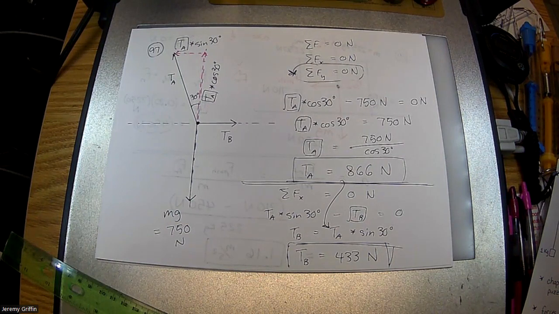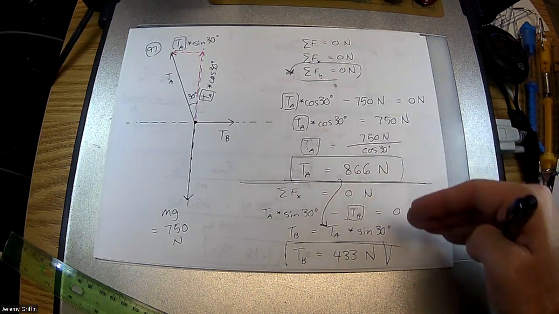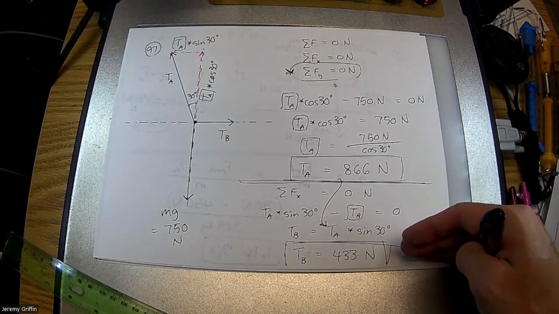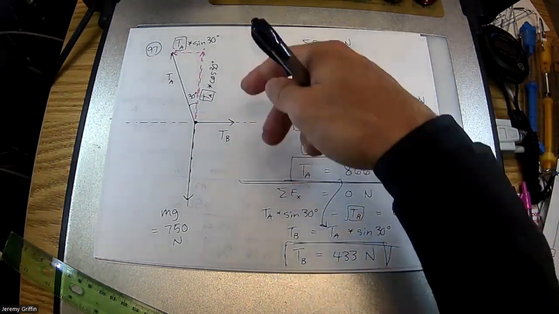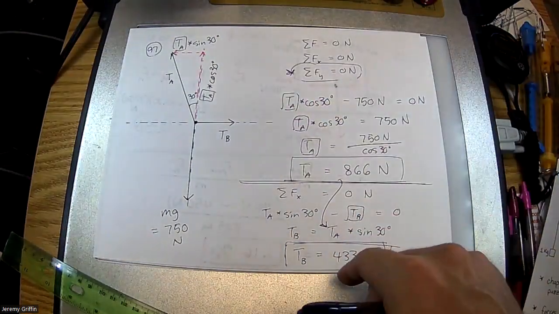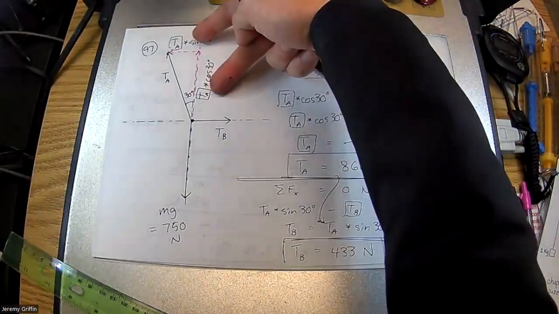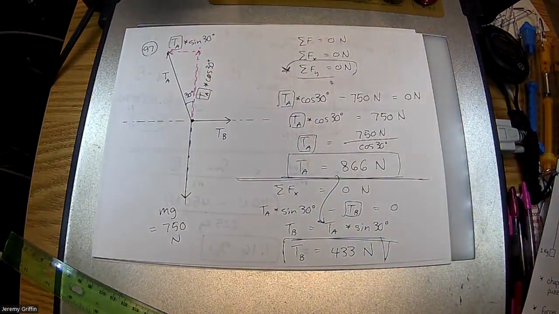So vertically, everything zeroes out, we solve for tension A. Horizontally, everything zeroes out, solve for tension B. If you want to be real fancy about it, you could program this all so you could go straight from here to here, because these two legs have a tangent type relationship.